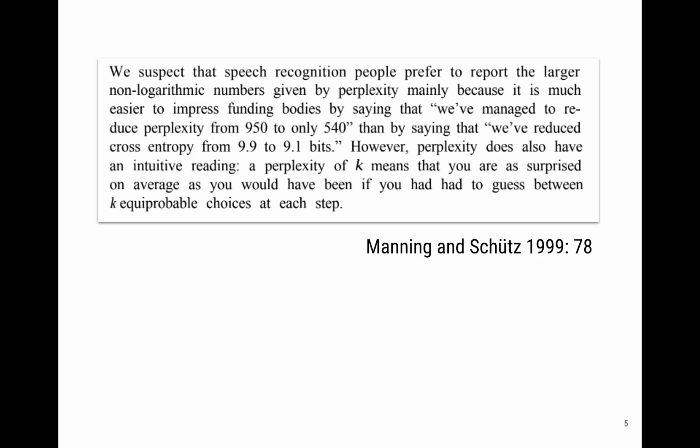However, perplexity does also have an intuitive reading. A perplexity of k means that you are as surprised on average as you would have been if you had had to guess between k equiprobable choices at each step." So he concedes that there is a value to it. But the point is that perplexity is just entropy exponentiated.